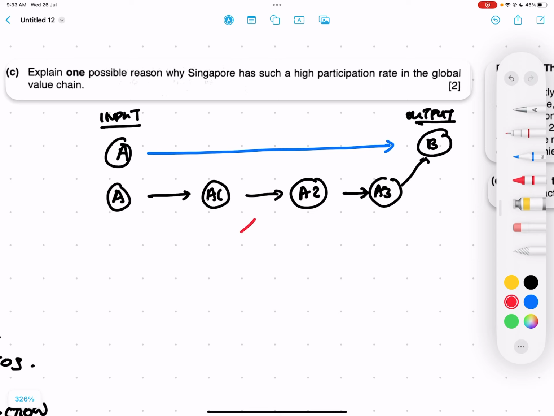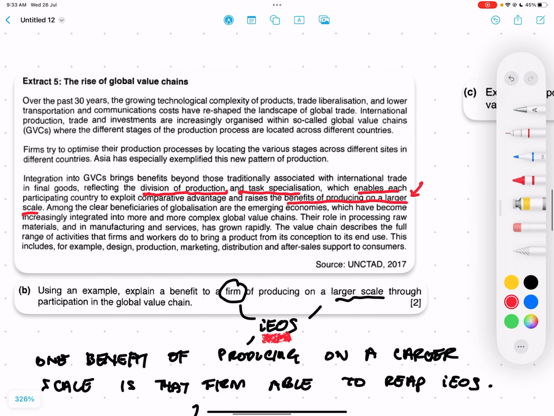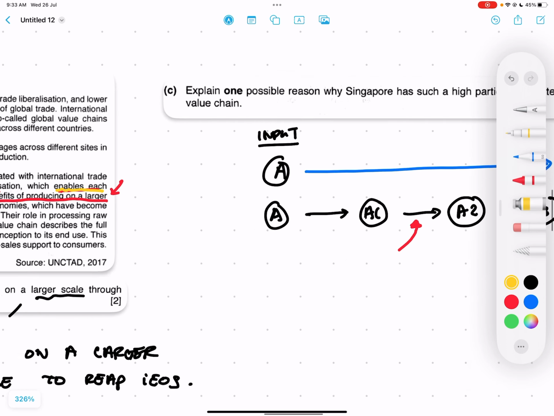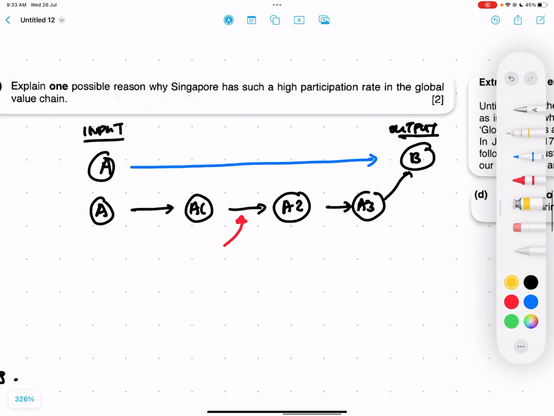If you read here, the econs concept is that it enables each participating country to exploit comparative advantage. This is the grounding econs concept. Instead of countries specializing in producing A or B, this time countries specialize in producing part of the production process.